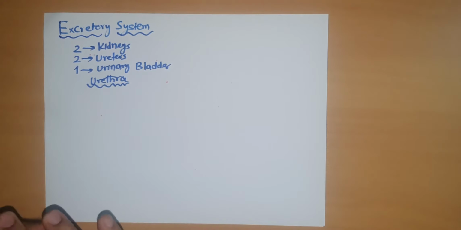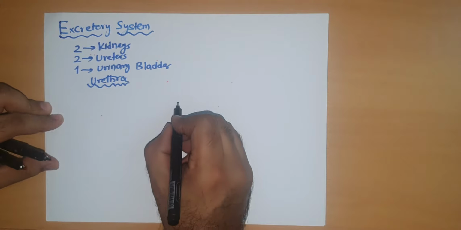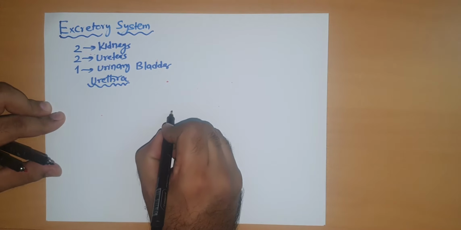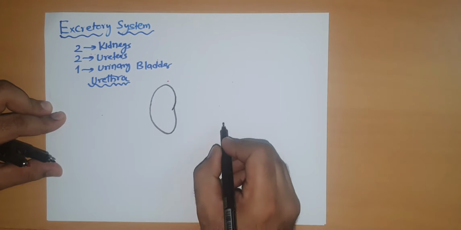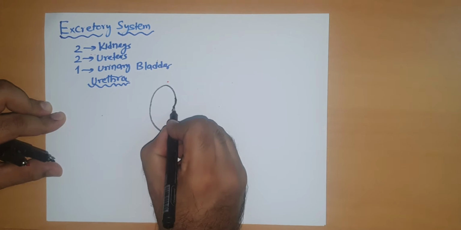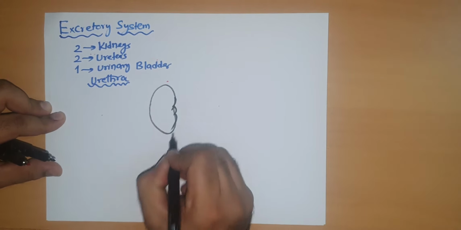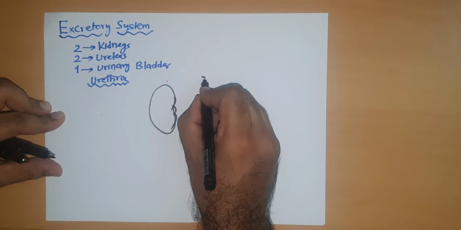First of all, I'm going to draw the excretory system. Now this is one kidney and this is the second kidney.